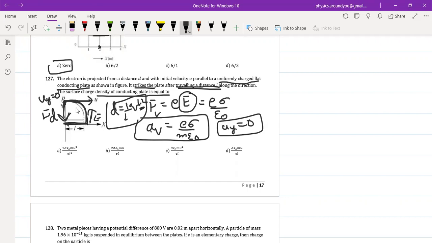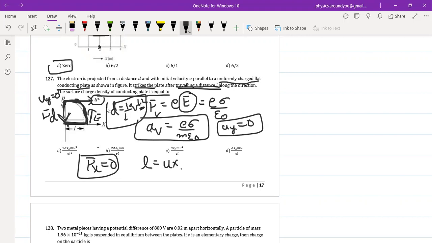During this course, the horizontal component of velocity of the electron will never change. The reason is there is no horizontal force acting on the electron, right? So what is going to be the horizontal displacement? The horizontal displacement is equal to the horizontal speed u times the time taken by the electron to reach the plate.